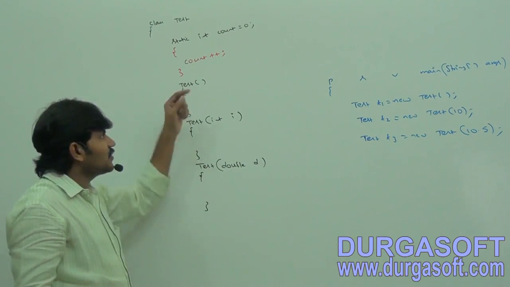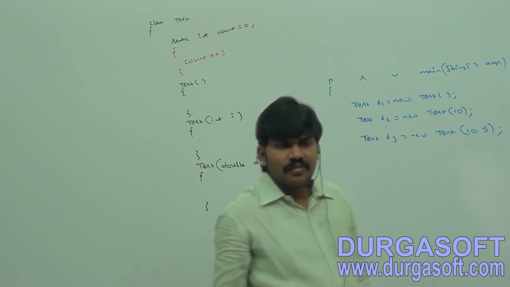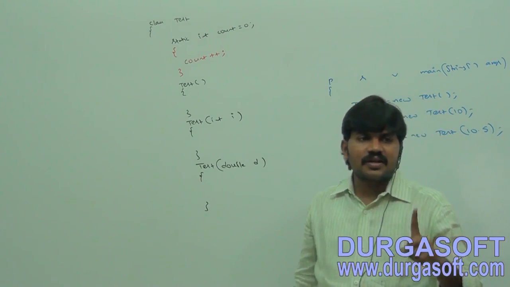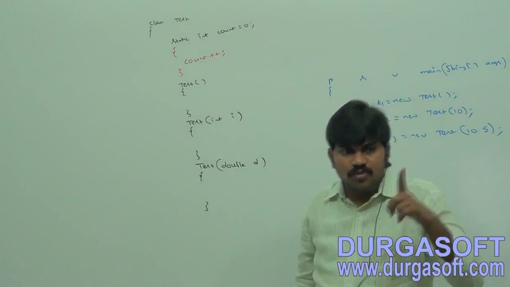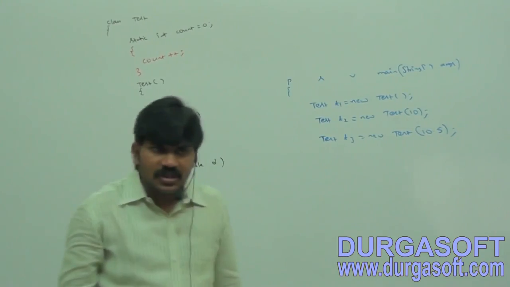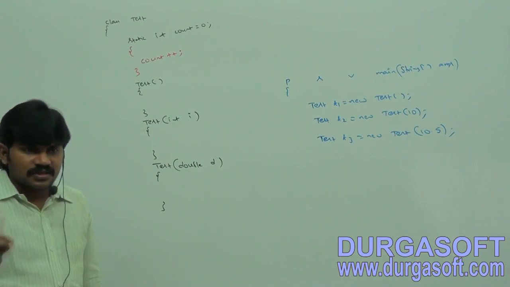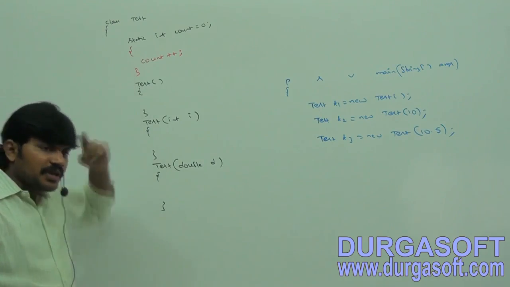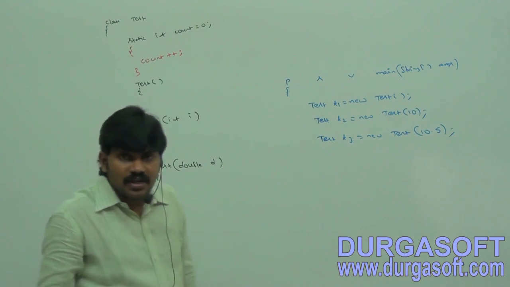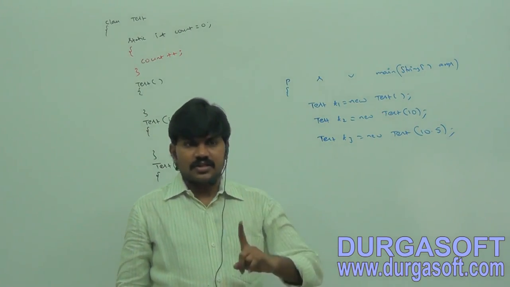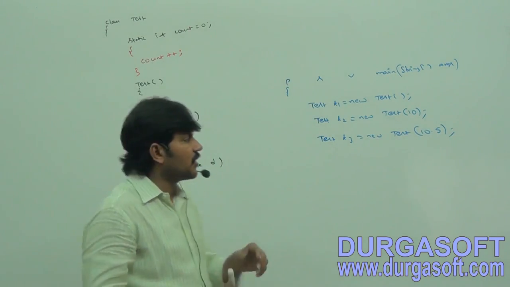So, how many times do I have to write count plus plus now? Only one time. Are you getting it? Is it an advantage or not? Yes. Make sure, other than initialization, if we want to perform any activity, then it is highly recommended to go for which concept? Instance block.